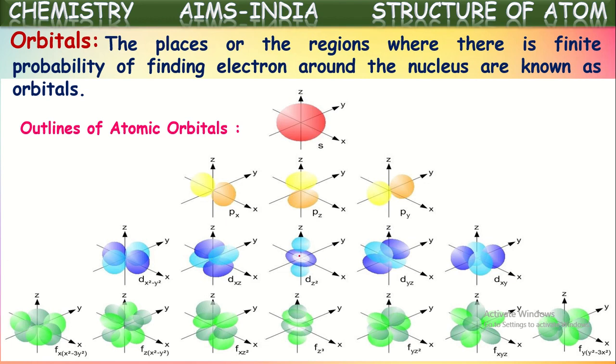Only one is different among all, that is dz square, because it contains only 2 loops and there is one collar type neck at the middle. If you say f orbitals, totally 7 types of orientations are possible. Those we call 7 orbitals. The shape of these is taken as 4-folded shape or a little complex shape. These are the shapes of the orbitals existing in the subshells.